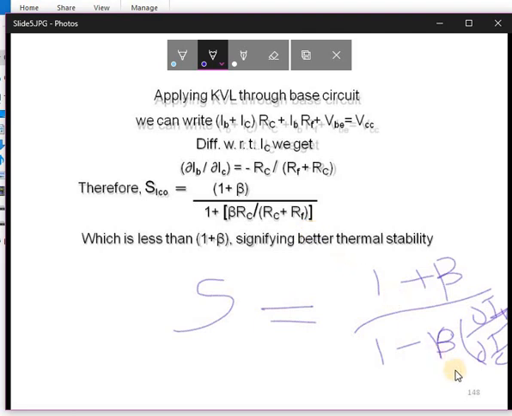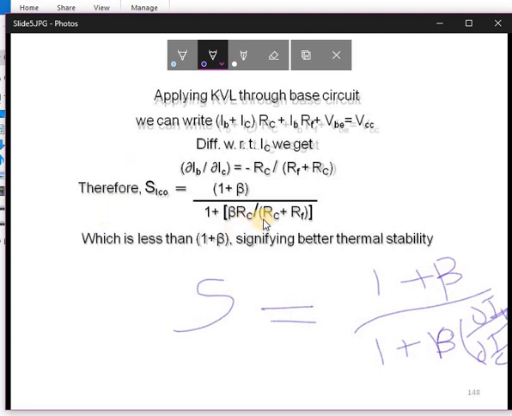That means you can just substitute the value of dou IB by dou IC in this equation, where dou IB by dou IC equal to minus RC by (RF plus RC). That is our stability factor in the case of the collector to base bias method.